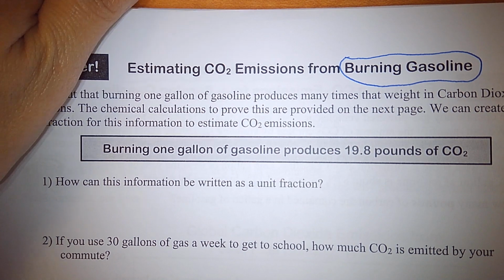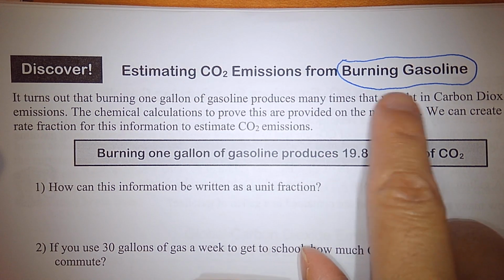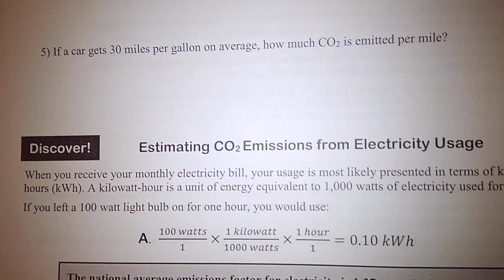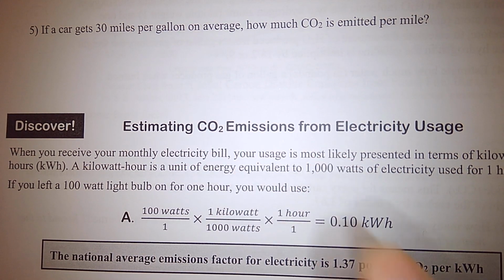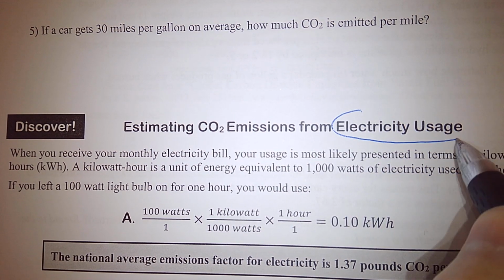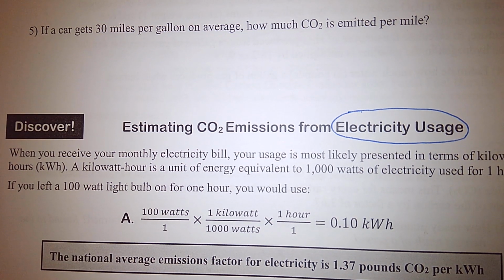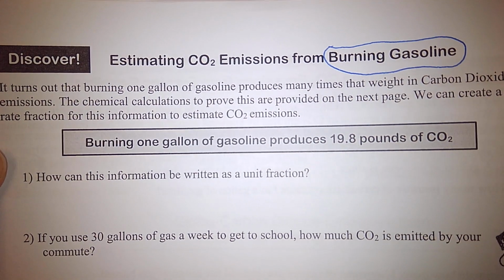This is something we have to know, how to do CO2 emission from burning gasoline. Also we are going to learn estimating CO2 emissions from electricity usage. So there are two branches. You need to master both of them. First, let's talk about burning gasoline.